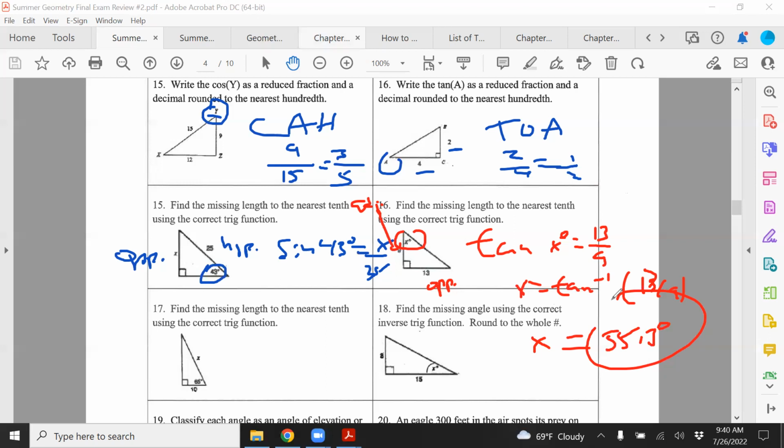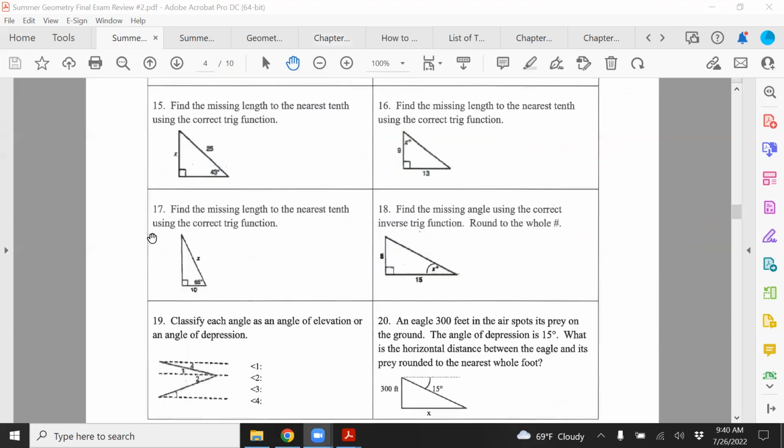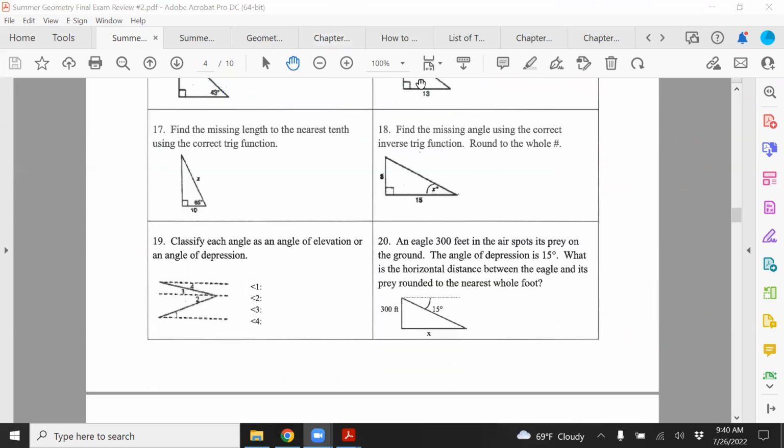Okay. Hopefully that's all good. You do the same thing for the next two. 19 was weird, so I think I crossed that one off. But here, that's obviously an adjacent and a hypotenuse. So you use ka.